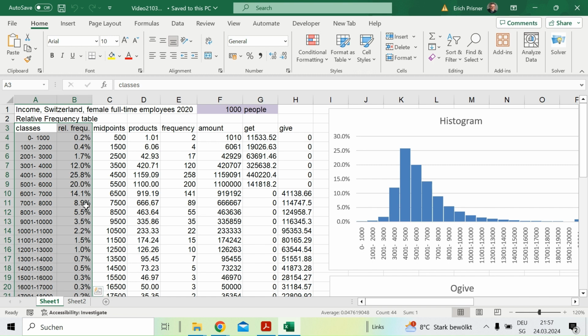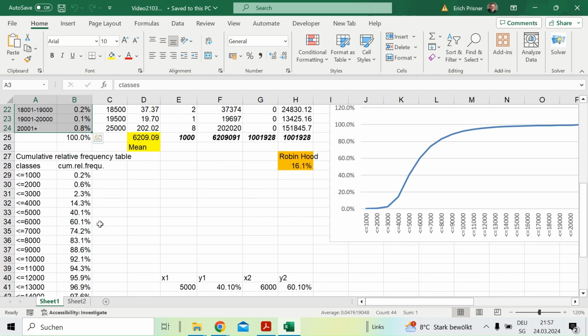And because we are talking about always the poorest 10%, 20%, whatever, this clearly indicates we need to use a cumulative relative frequency table, which is done below, because these classes here, the people who are making less than 1,000, less or equal 2,000, less or equal 3,000, are exactly these classes we talk about when we talk about Lorenz curve.